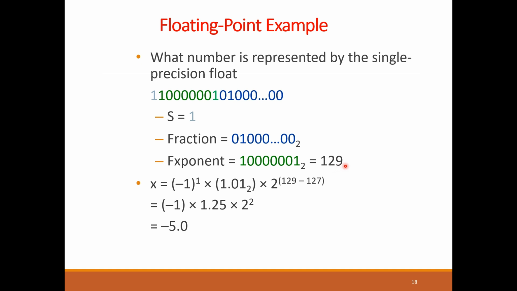So 129 minus 127 is only 2. And this is the fraction part, and there will be an implied 1, so it is 1.01. So the number is minus 1 times 1.01, which is 1.25 in decimal, times 2 squared, which is minus 5.